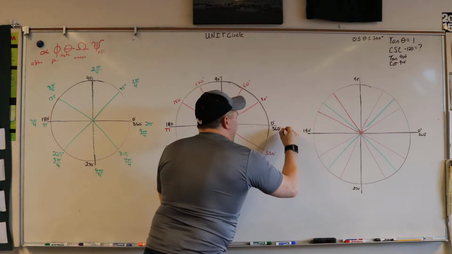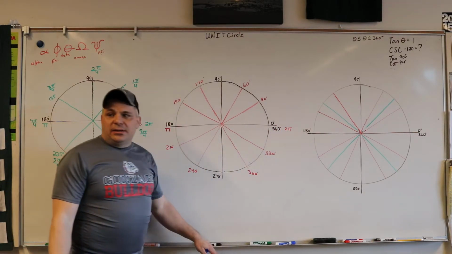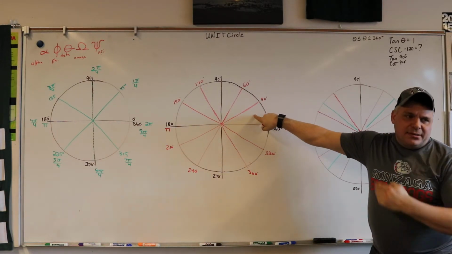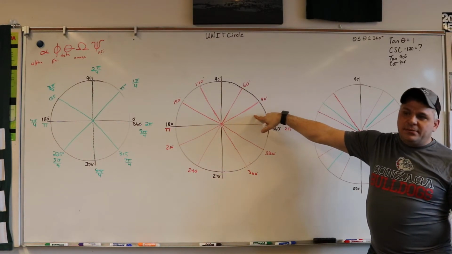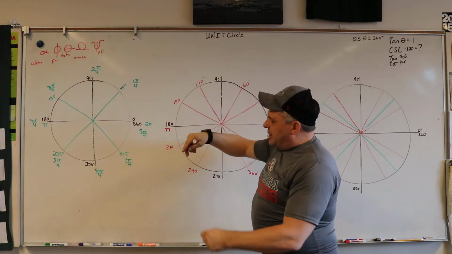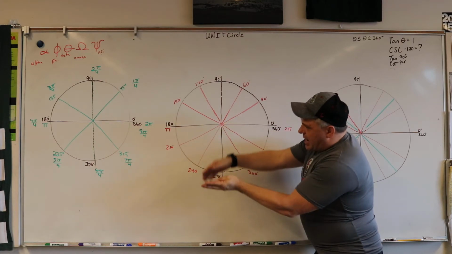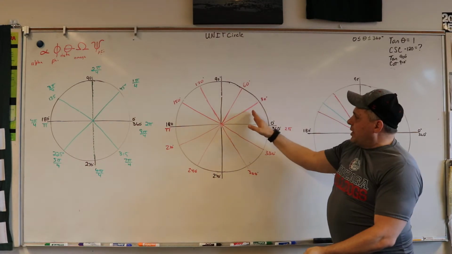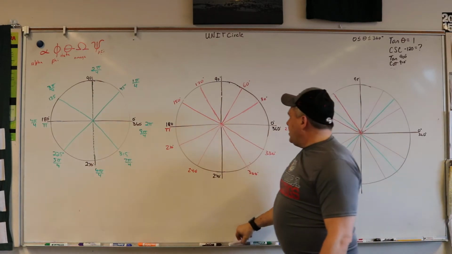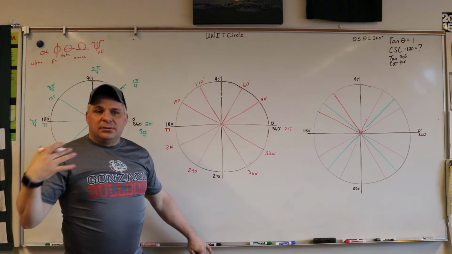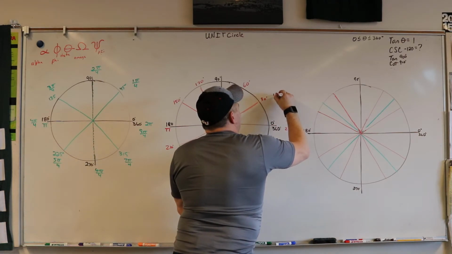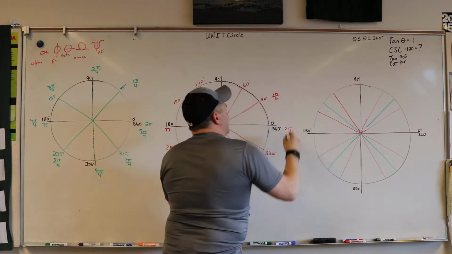Now, remember, this is pi, and this is 2 pi. But how many pieces in that half circle did we make? 1, 2, 3, 4, 5, 6, right? So this would be one piece out of 6. So this would be 1 pi out of 6.